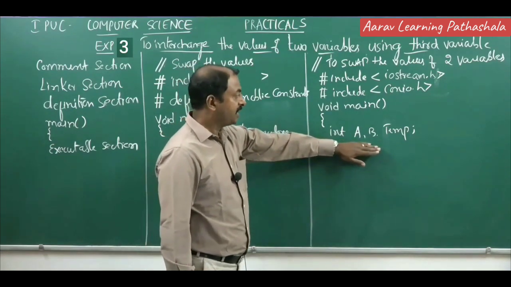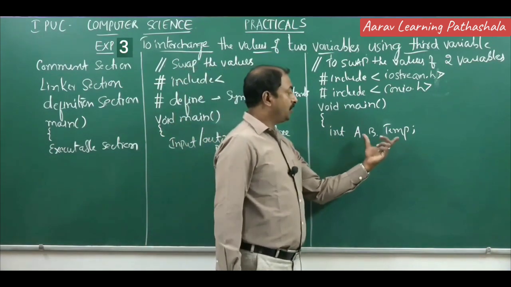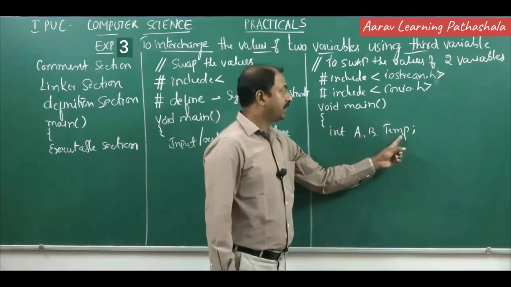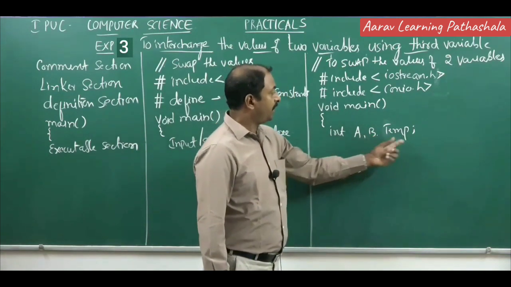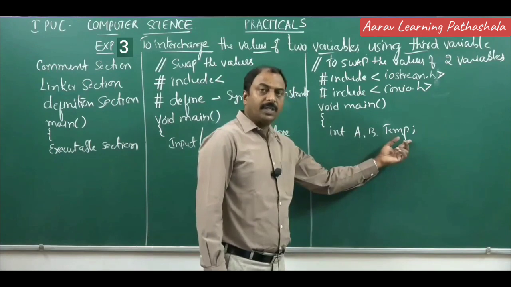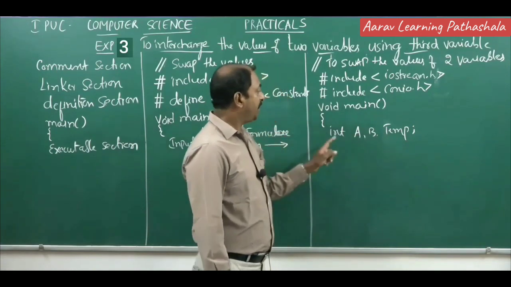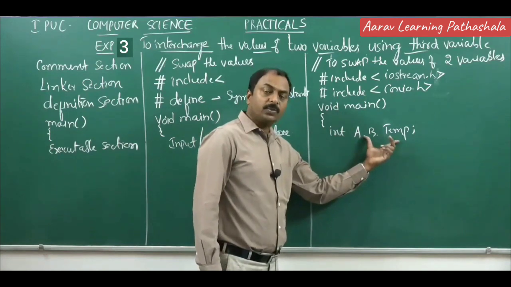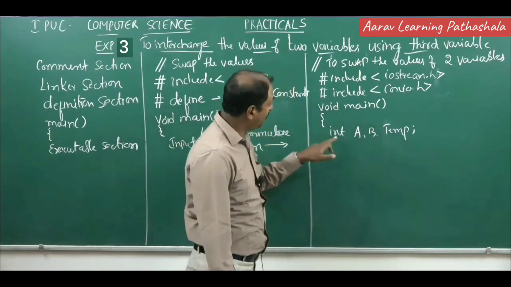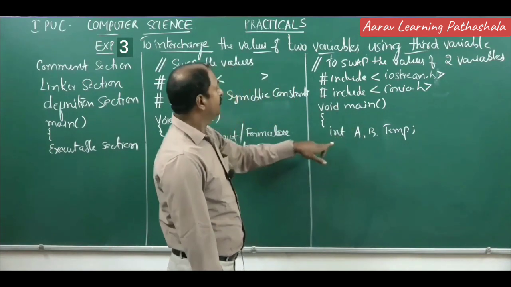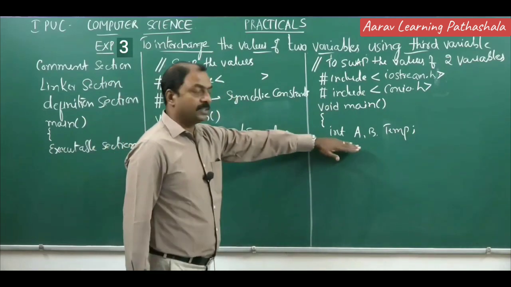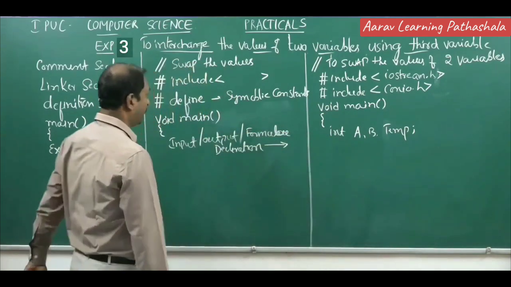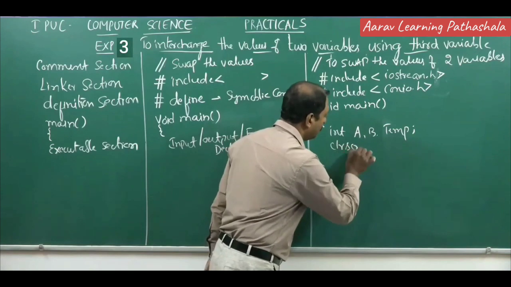It says that we are using these variables. In this example, a, b and temp are the variables of type integer, meaning these variables store values of the data type int, that is, whole numbers. So this is the declaration section. After the declaration section, the clear screen function.